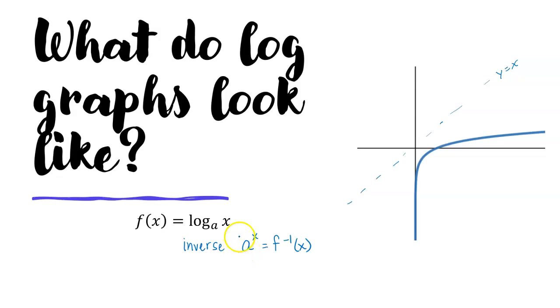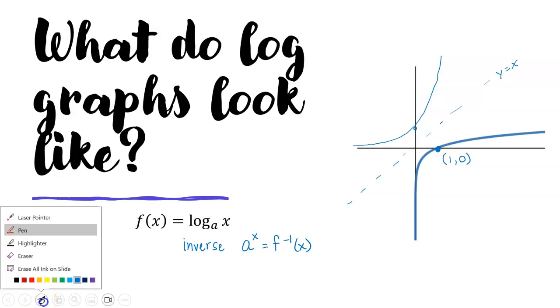Since this b value is 1, this graph is going to have a point here, and it would look like that. So that would be the growth graph, the exponential graph. The thing you need to know about log graphs is that this point right here is going to be 1, 0, unless you've done any shifting.